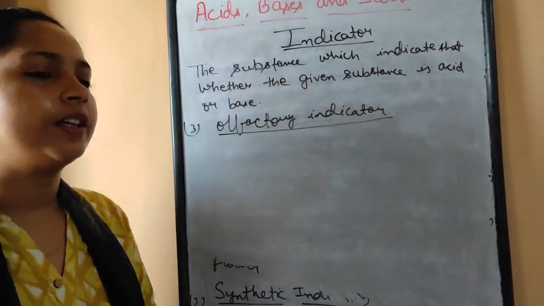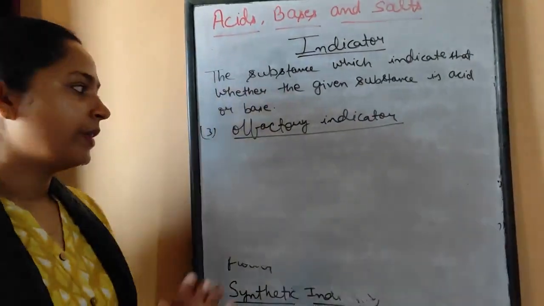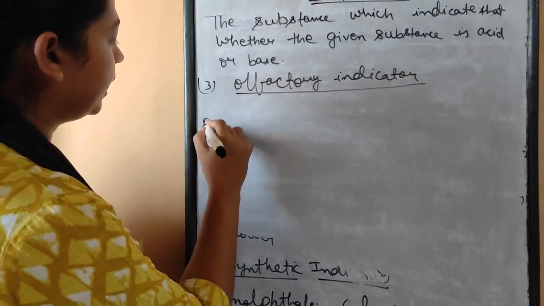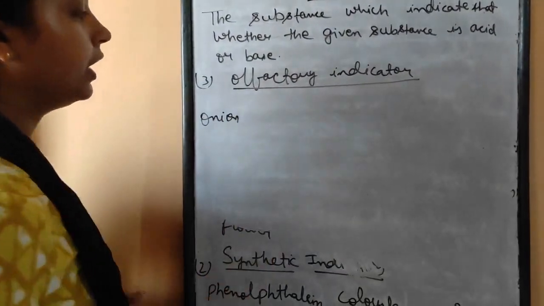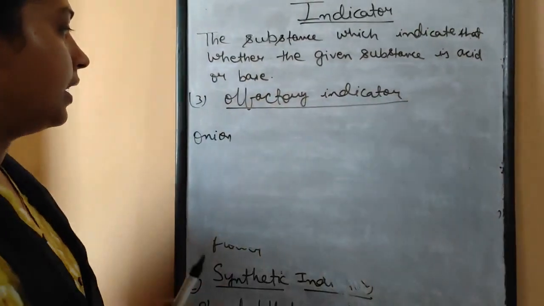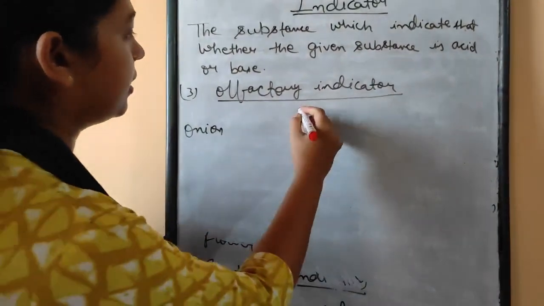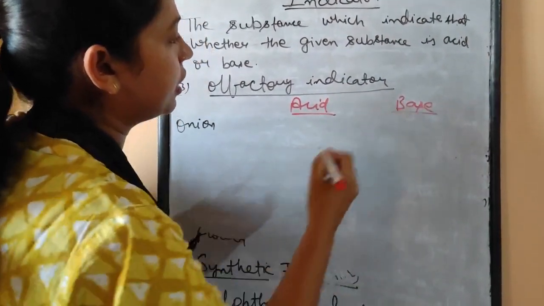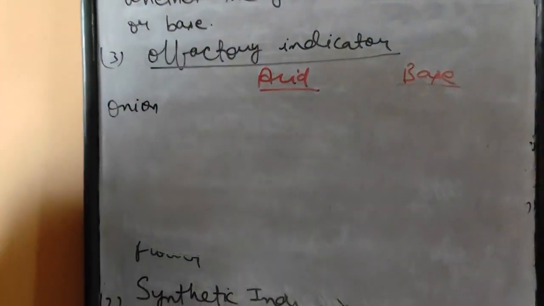Now what are the olfactory indicators which we are having? I am giving some examples over here. First you can write onion. You all have sensed the smell of onion. Again we'll write acid or base over here so that you can easily distinguish between the changes.